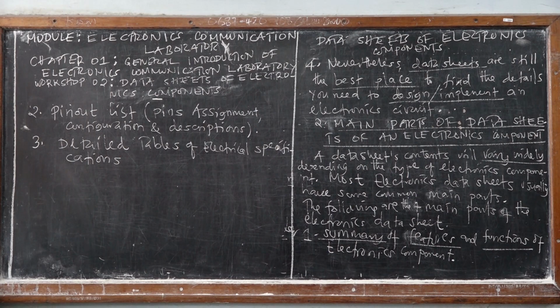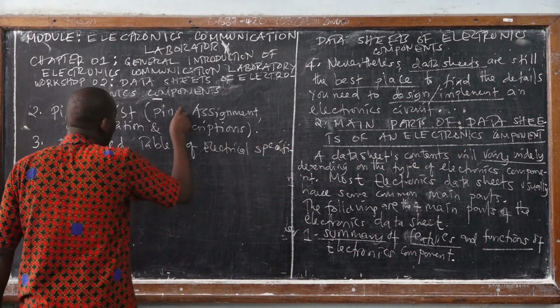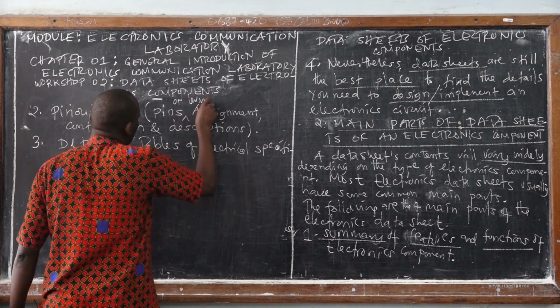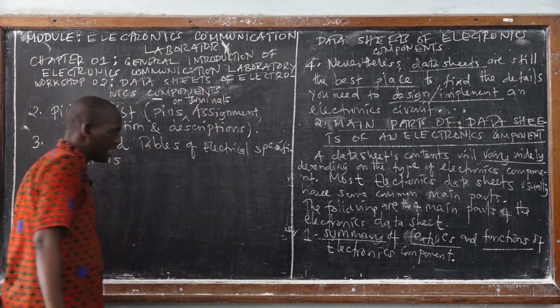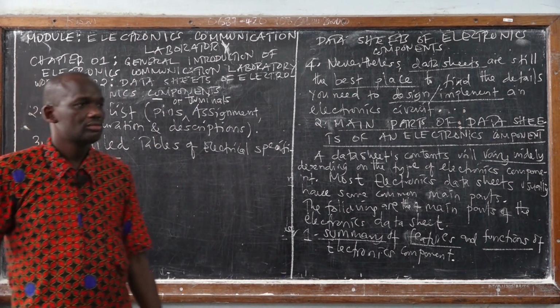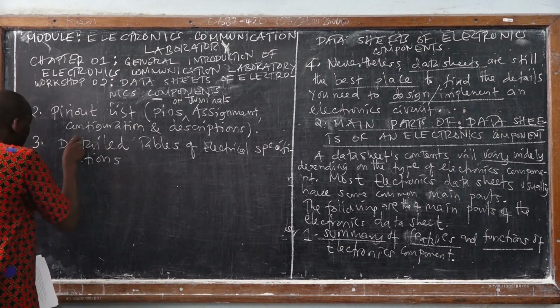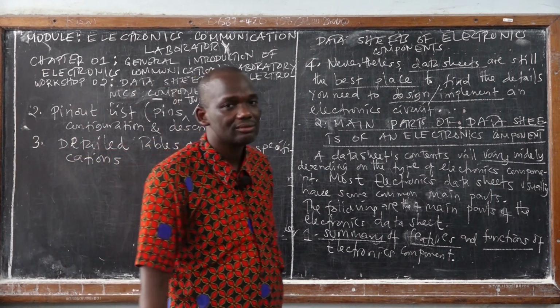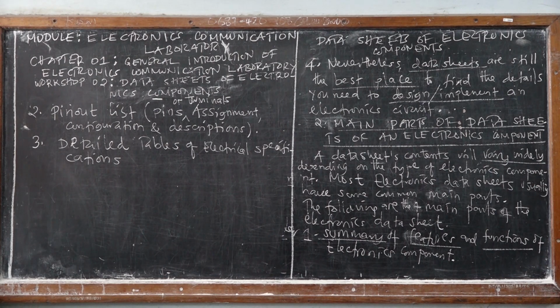That's the point where we learn. But if I'm allowed to edit here, I can also add some information on terminals, because the discrete components don't have pins, they have terminals. Then if you wish, say detailed tables of electrical specification. Again, say it for the second time.